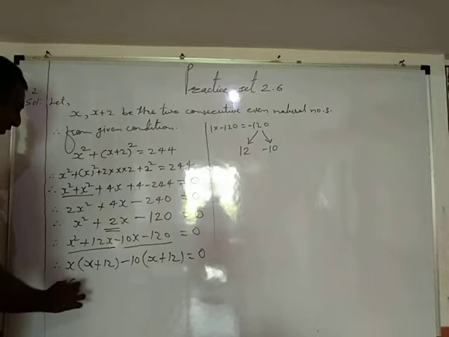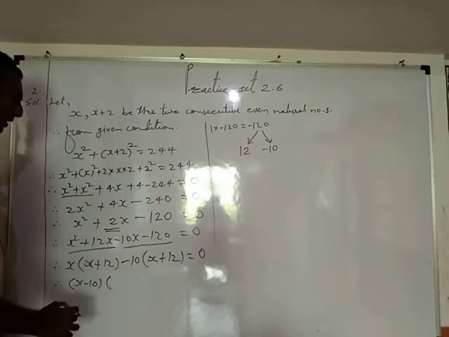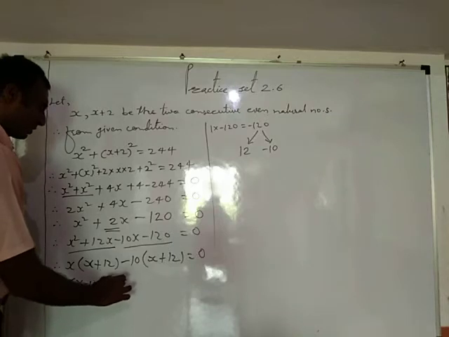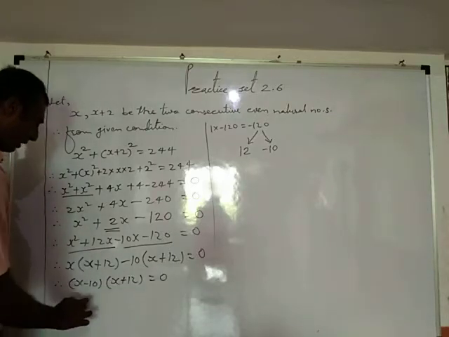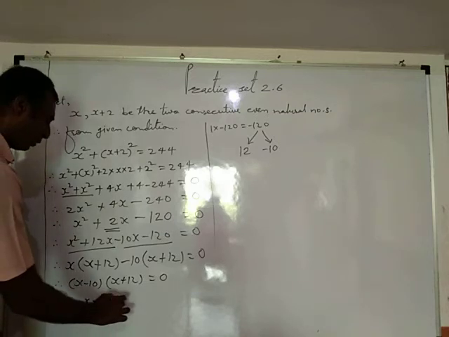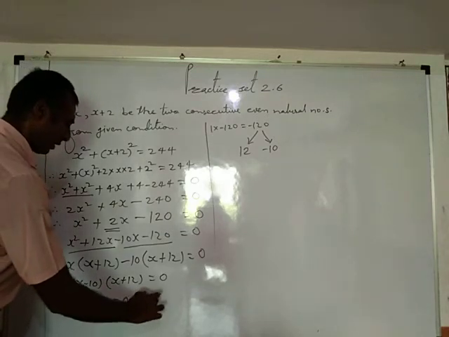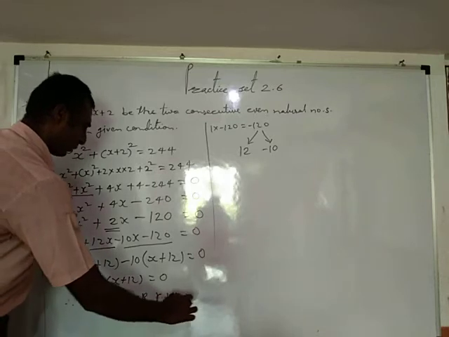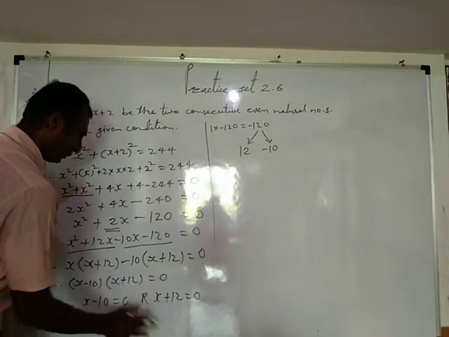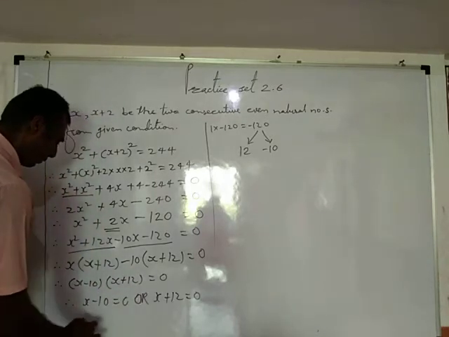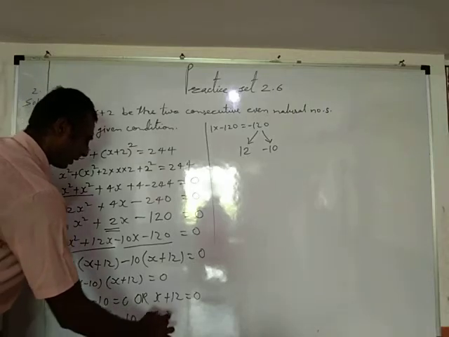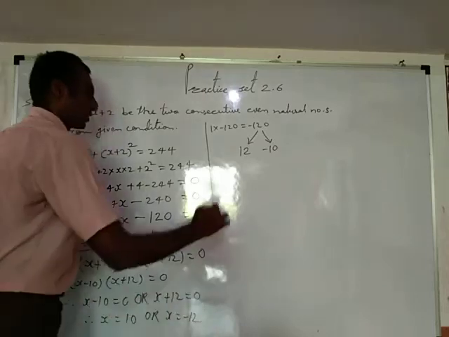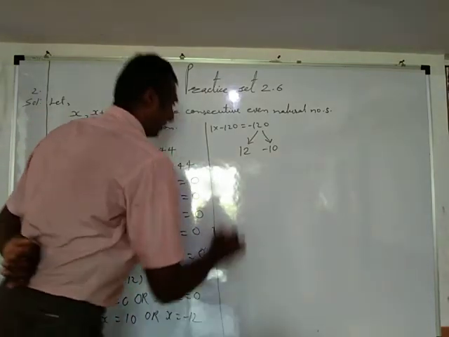And therefore in first bracket uncommon factors means x minus 10 into another bracket common terms x plus 12, that equal to 0, and therefore x minus 10 equal to 0 or x plus 12 equal to 0. Okay, and therefore x equals 10 or x equals minus 12.